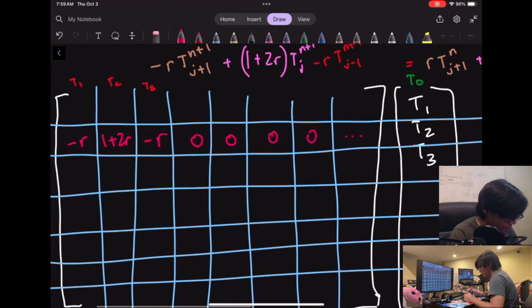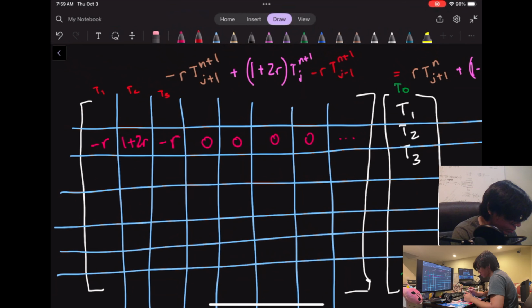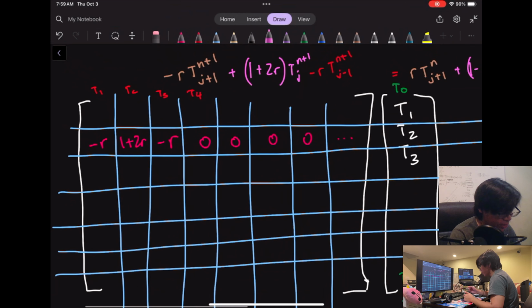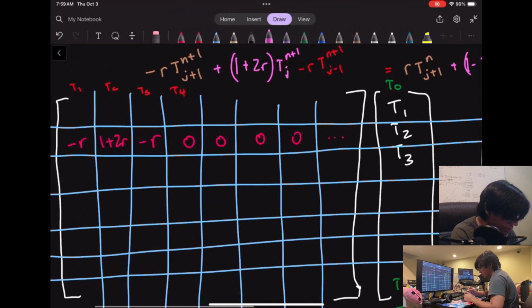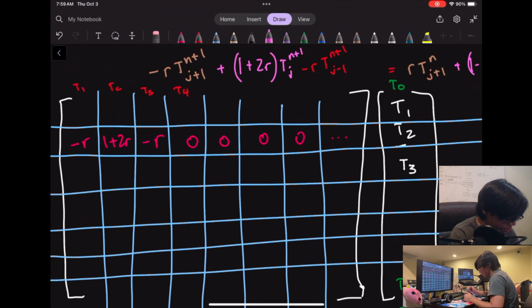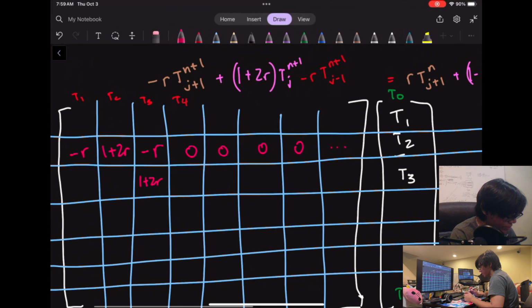T3, going something similar. What is T3? I'll add a T4 here so we can see the next position. But at T3, our index is 3. So if our index is J equals 3, let's start with our position that's known. T3 is right here. So T3, our known position, is 1 plus 2R, given by the middle expression of our left-hand side.